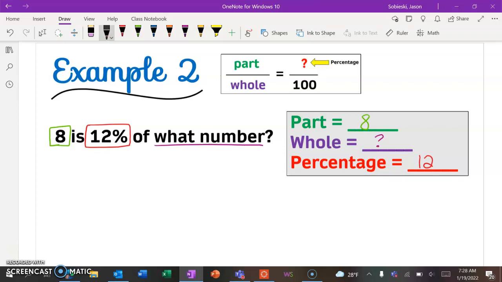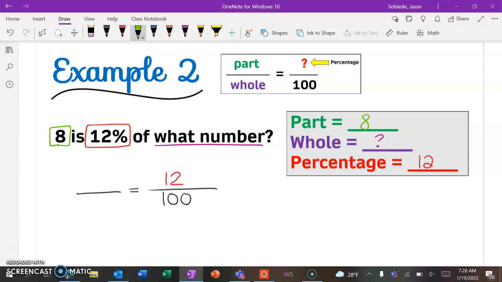All right, I'm going to set you up with your proportion, just with the lines. Why don't you see if you can fill in the appropriate spaces and possibly even solve this one? And then we'll check in a second. Okay, so of course we know the percentage goes up here above the 100.